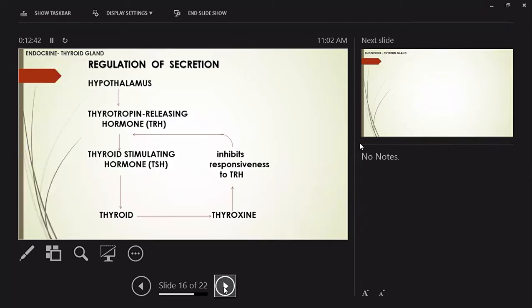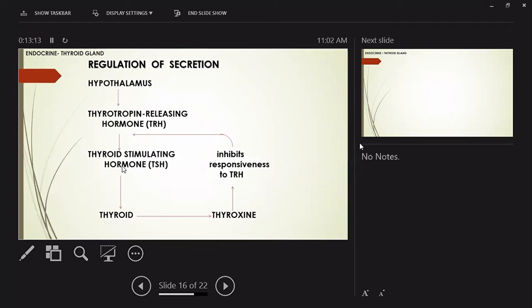Regulation of secretion follows a three-tiered pattern: hypothalamus, pituitary, and thyroid gland. From the hypothalamus comes the thyrotropin releasing hormone, which stimulates the anterior pituitary to secrete thyroid stimulating hormone.